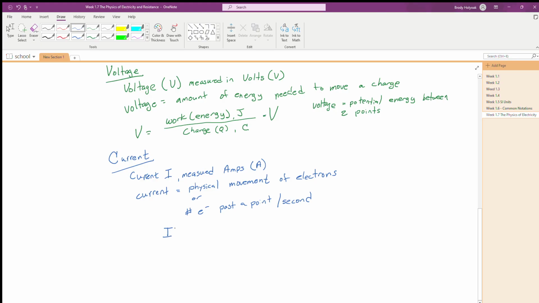Current, in mathematical terms, I is equal to the charge divided by little t, which is time.